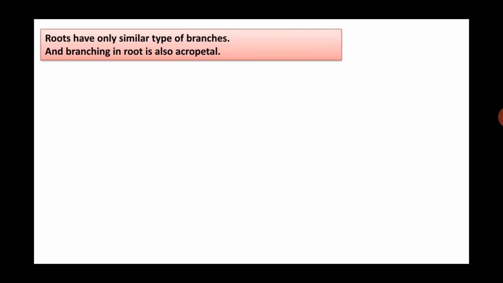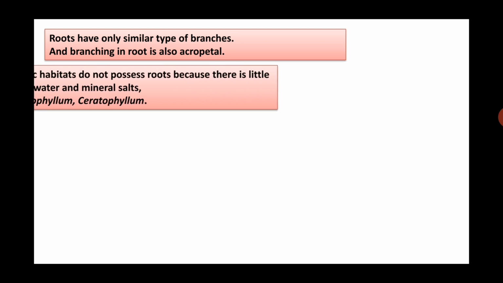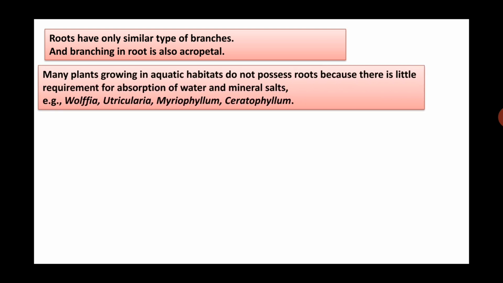Roots have only similar type of branches, and branching in root is also acropetal, that means younger towards the apex and older towards base. Many plants growing in aquatic habitats do not possess roots because there is little requirement of absorption of water and mineral salts.